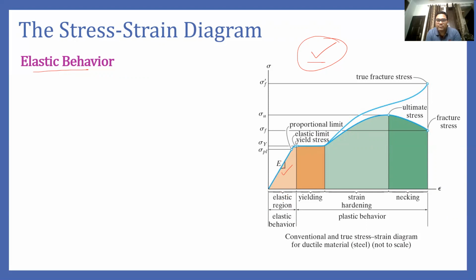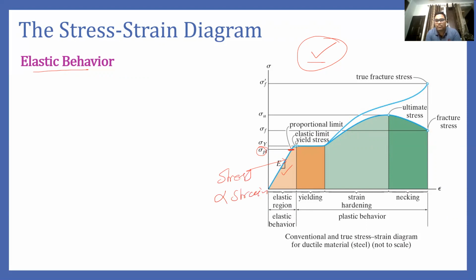You can see the curve is straight up to a point, and corresponding to this point, the stress value is sigma PL. Up to this point, the line is straight. This means that stress is directly proportional to strain.